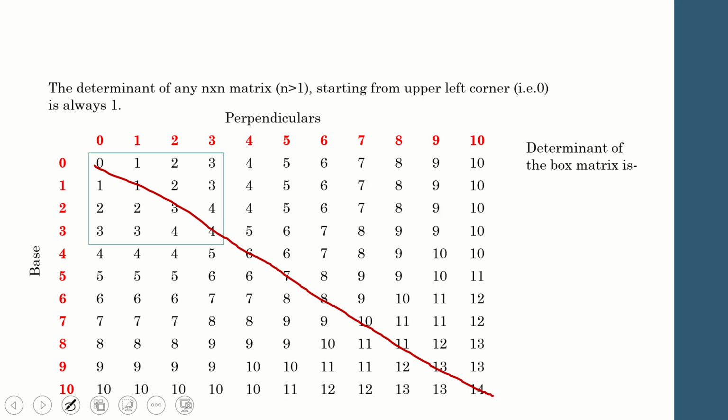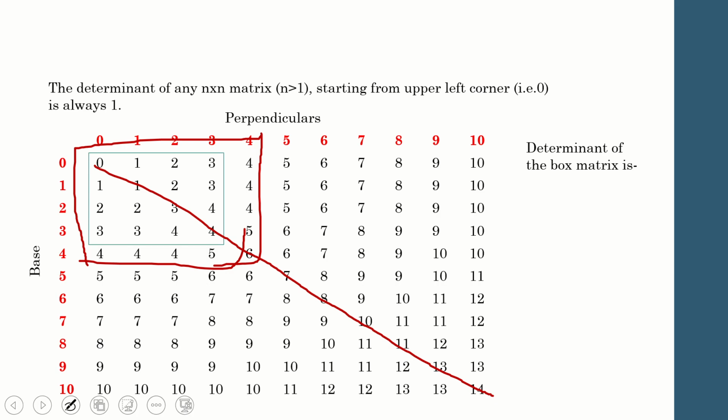So we have only one option, that we will try some experiments like this: 3 by 3 matrix, 4 by 4 matrix. You can also go for 5 by 5 matrix, and check whether it is coming 1 or not.